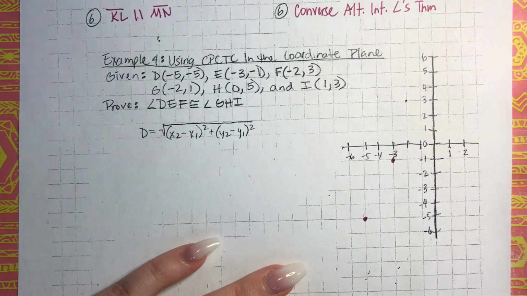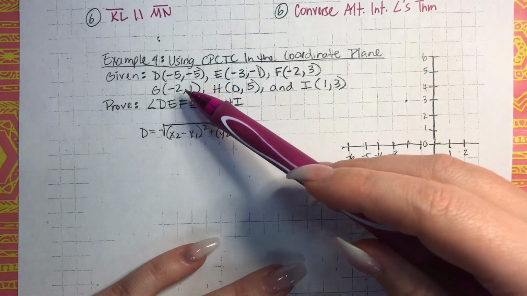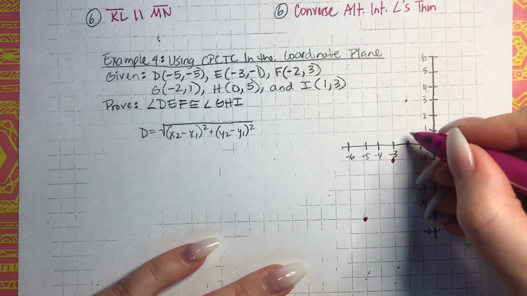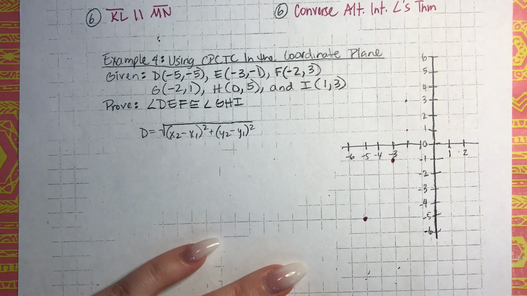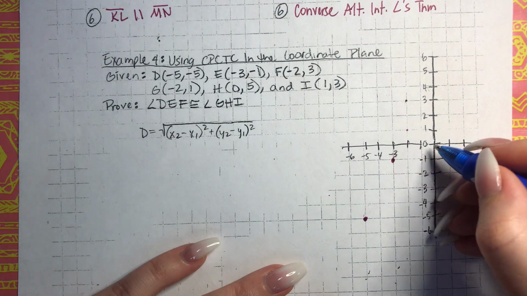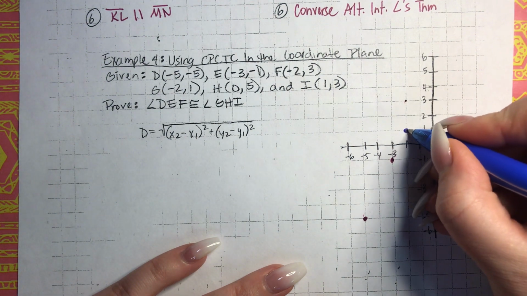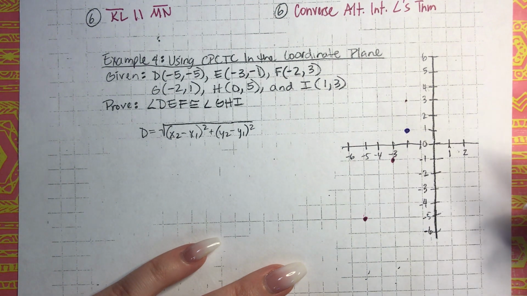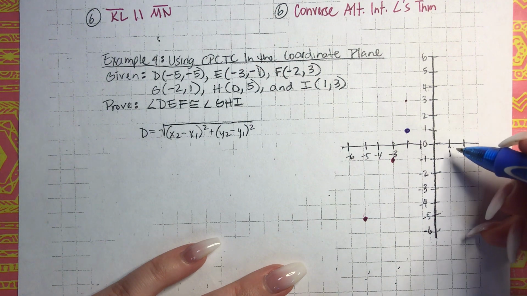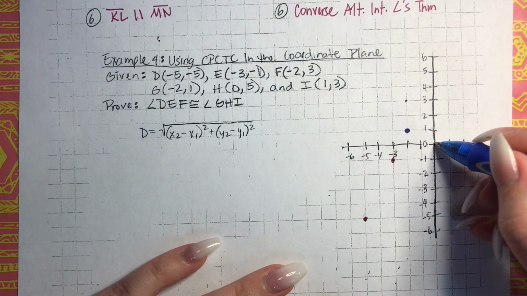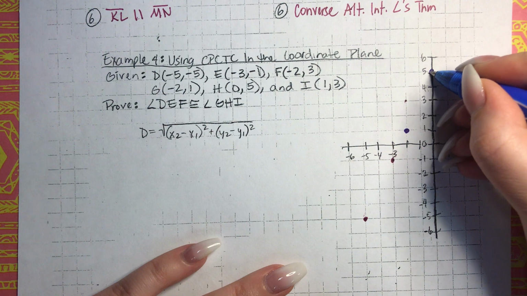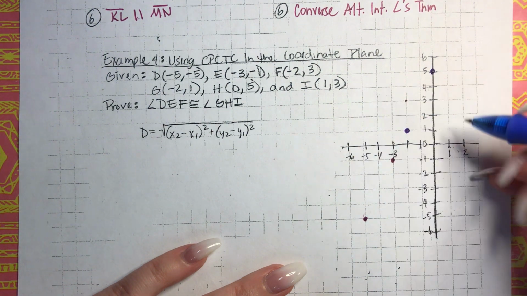I'm going to plot this first just to see. -2, 1. I'm going to do a different color. Let's go blue. Okay, so -2, 1. And then H would be 0, 5. And 1, 3.